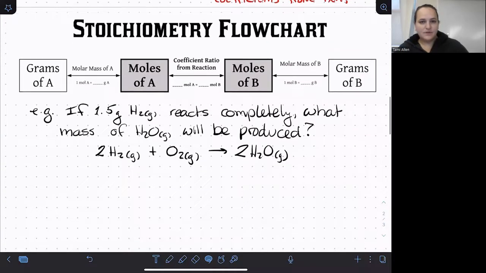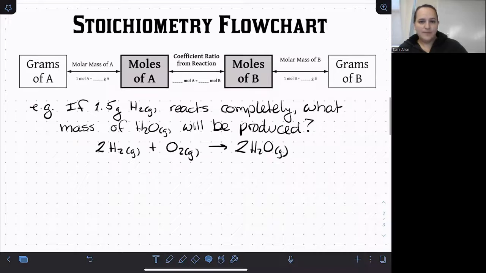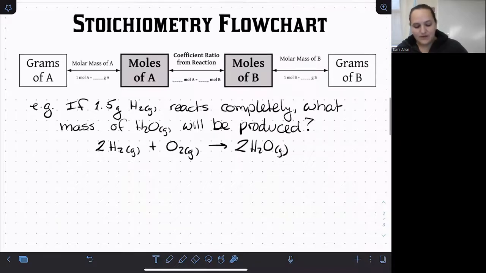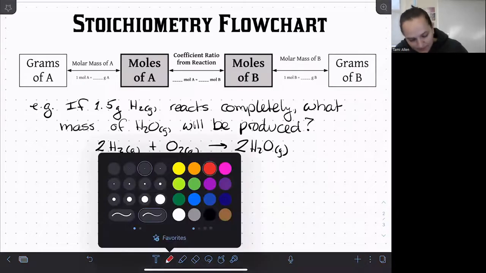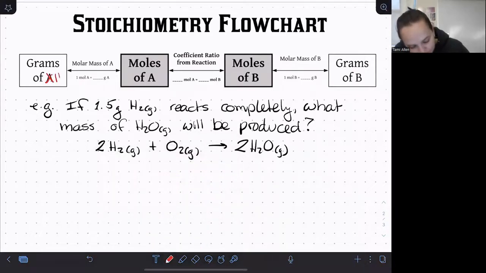So we're still dealing with the same reaction here. And what we need to think about is sort of on this flowchart thingy, where am I starting, where am I ending? And that kind of tells you what steps you need to take along the way. So we are starting out, the thing that we know to begin with is a mass of H2. So for the purposes of this problem, let's call A H2 for right now.